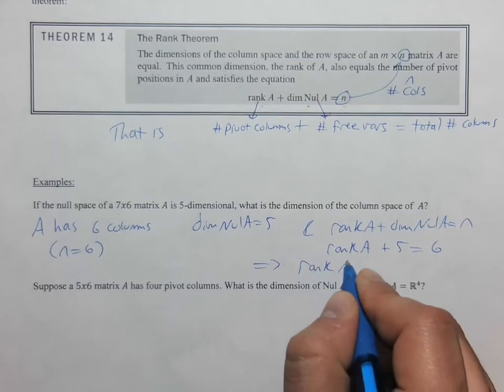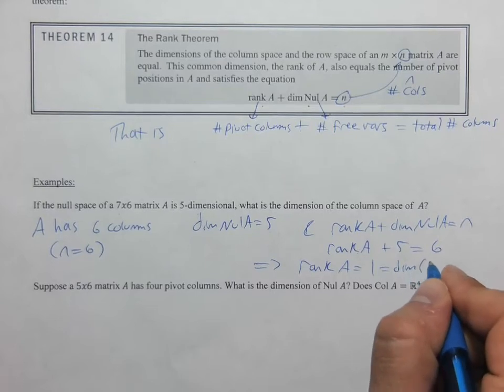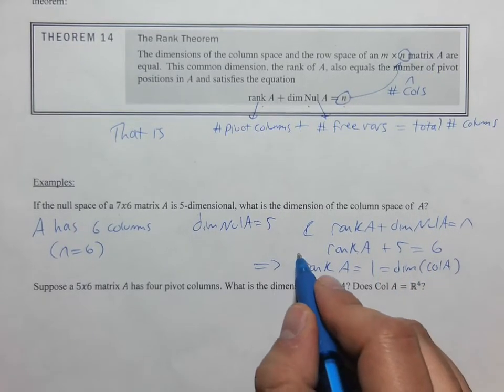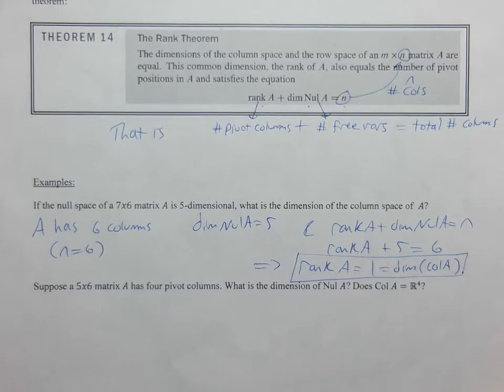So the rank of A is 1, which is also known as the dimension of the column space. Simple-ish problems like these give you two pieces of information in this equation. You need to figure out where they go, and then you find the third piece. A very, very common problem.